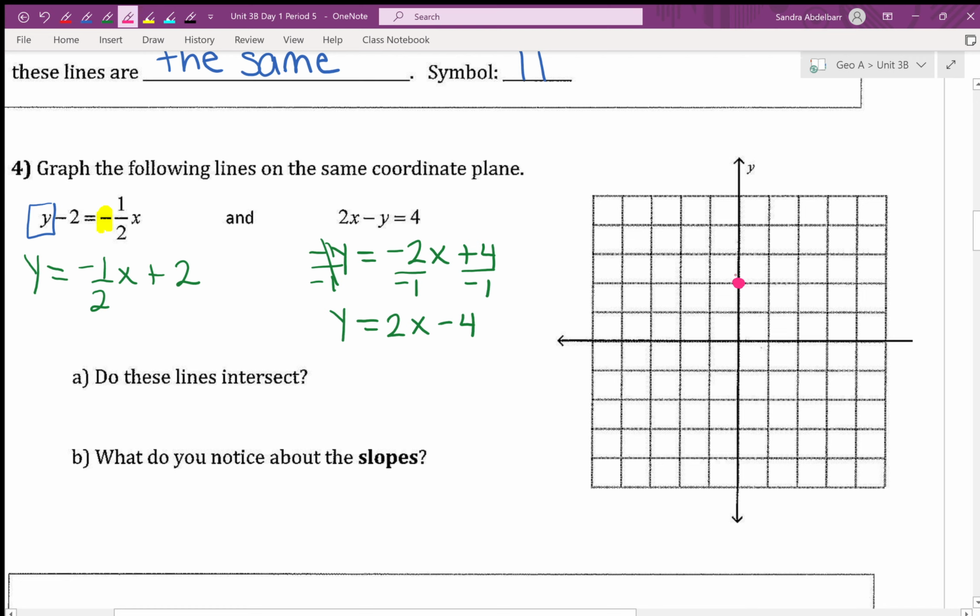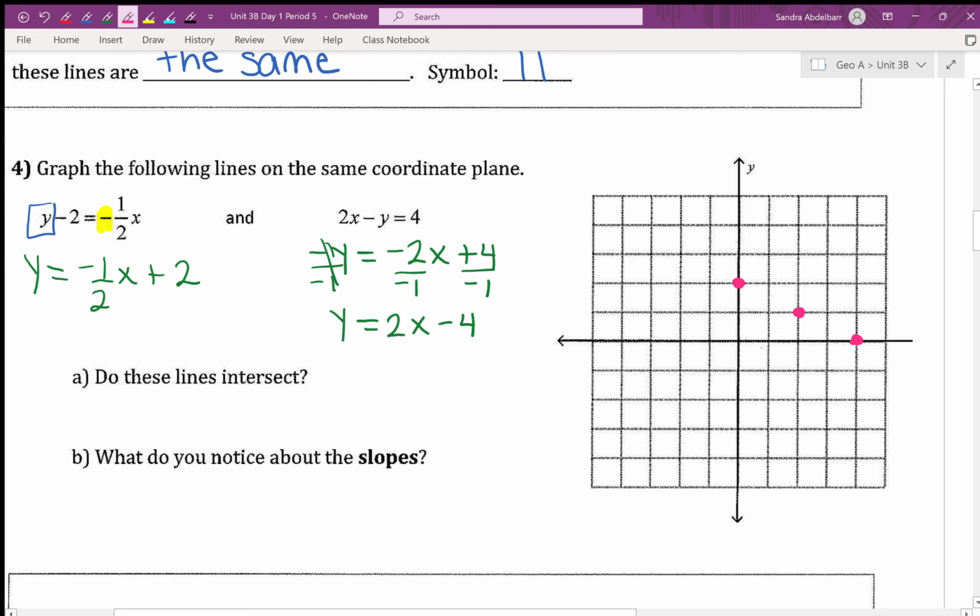Good. So are we going down 1 to the right 2 or to the left 2? The left. Oh, be careful. The right. Since my 1 is negative, that's why I'm going down. But that 2 in the denominator, isn't that positive? So my rise is negative, that's why I'm going down. But my run is positive, so we go to the right. So you're down 1 to the right 2.